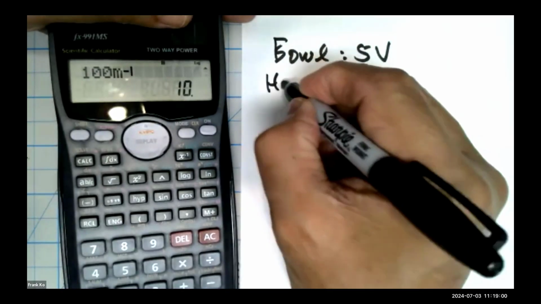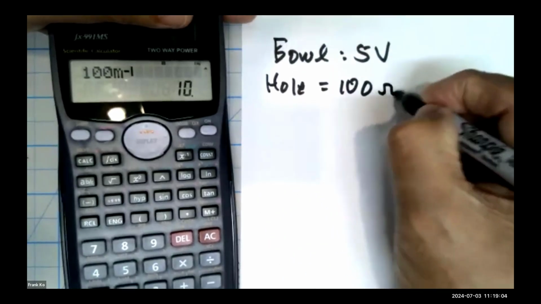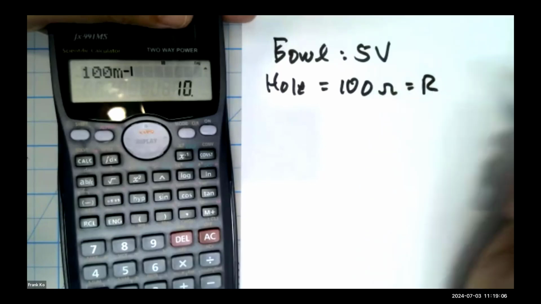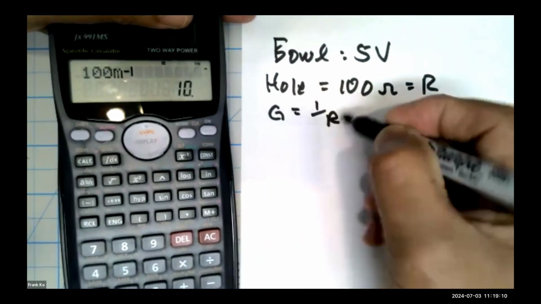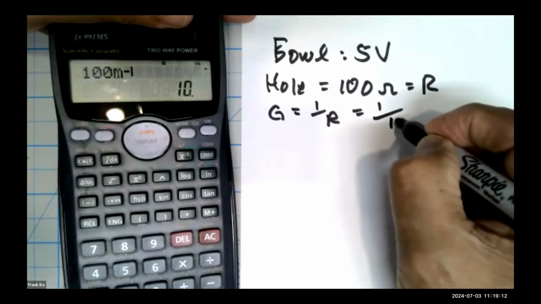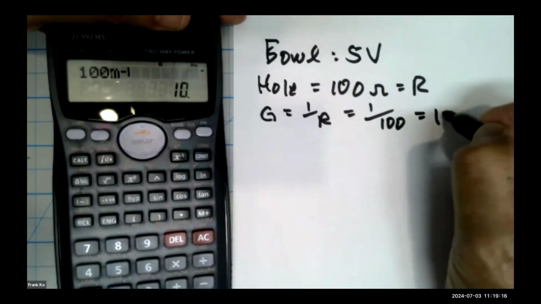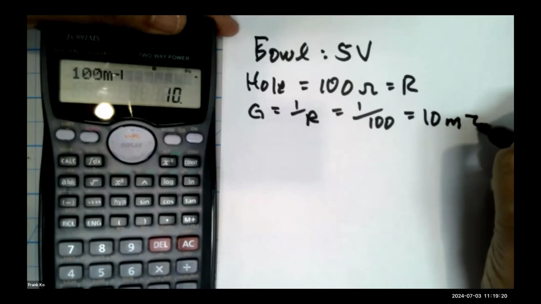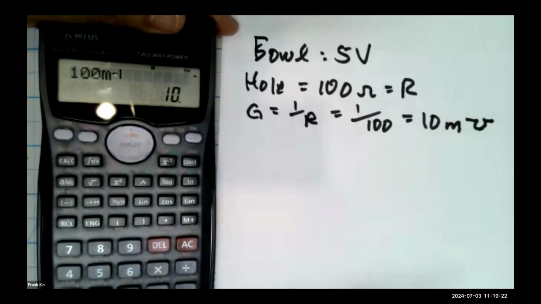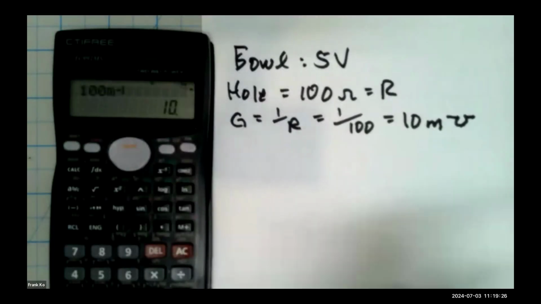And each hole represents 100 ohms, which is equal to the R. We said that G is equal to 1 over R, equals 1 over 100, which works out to be 10 millimhos.